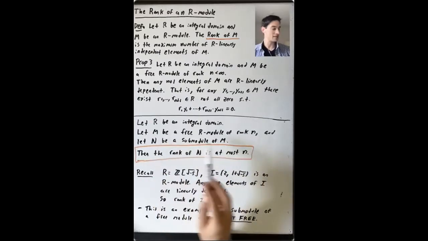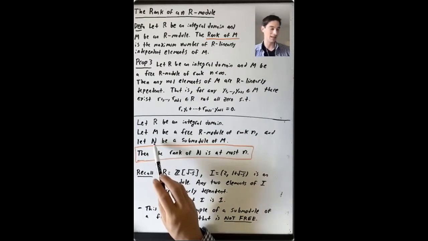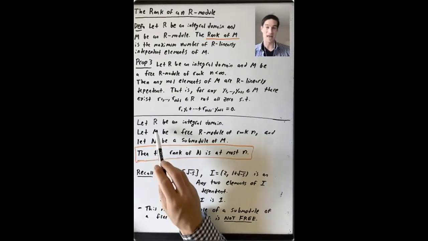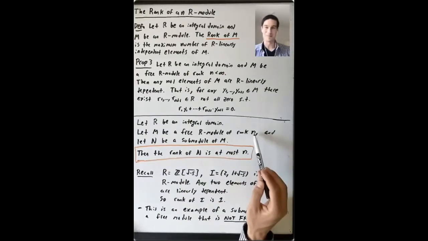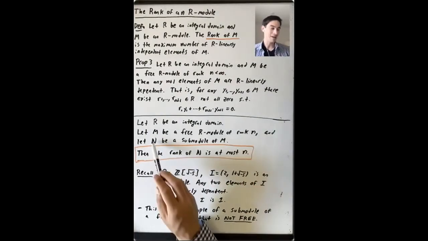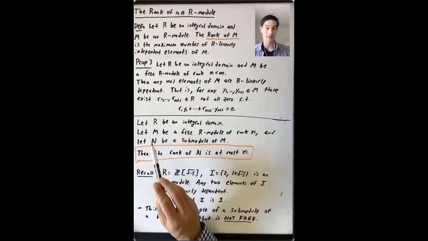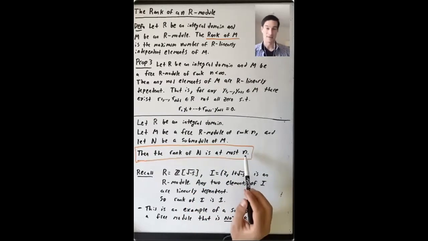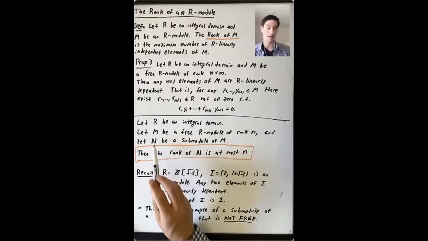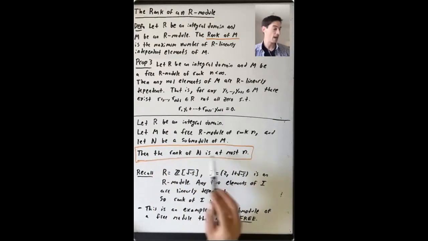And N is a submodule of M, so certainly elements of N are also elements of M. So any n plus 1 elements of this submodule are also linearly dependent. So the rank of this submodule N is at most n. Any n plus 1 elements in the submodule are linearly dependent. The rank is at most n.